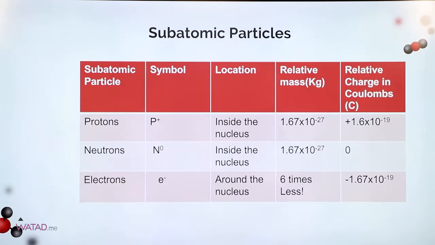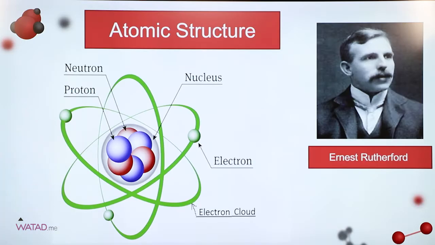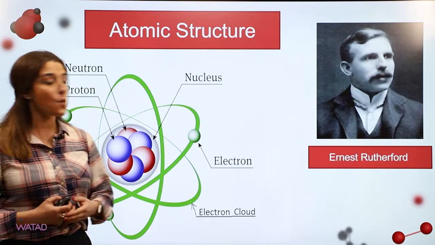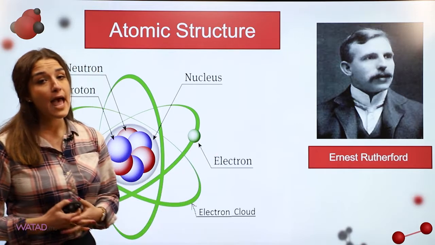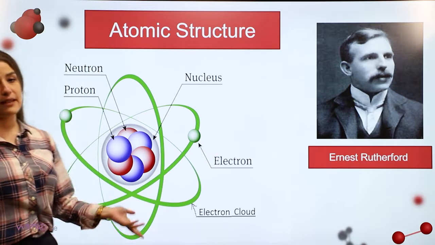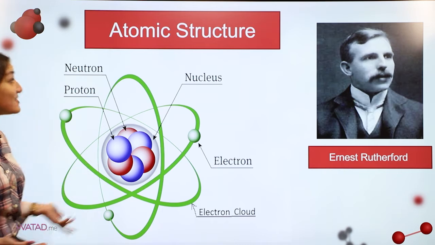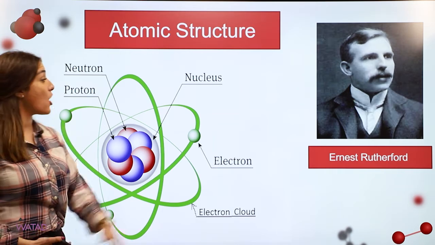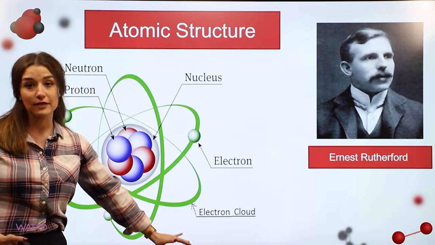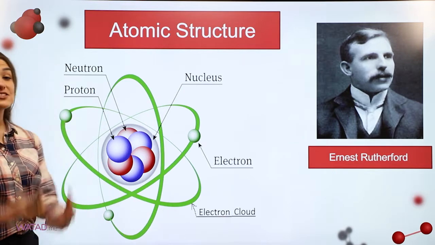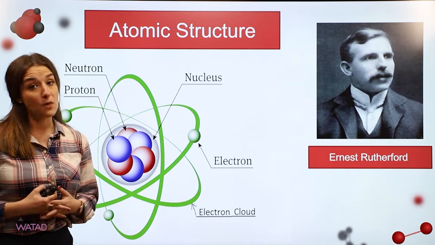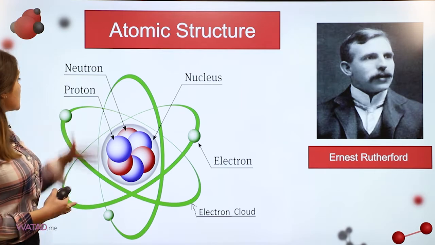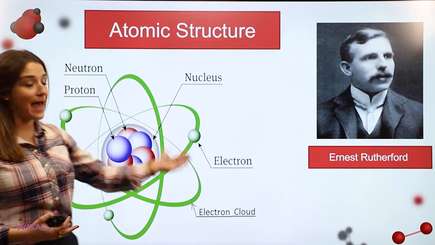When it comes to the structure of the atom, this is the one proposed by Ernest Rutherford, and I'm sure you have seen this atomic structure even in elementary school. It basically has two parts, which are the nucleus and the electron cloud, and it has three basic subatomic particles, which are the neutrons, protons, and electrons.